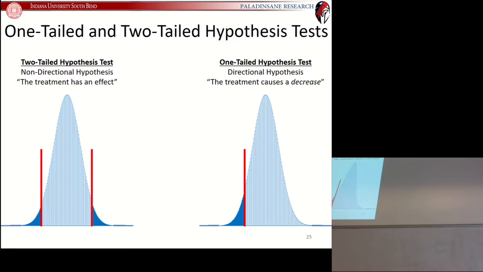So if we have an alpha of 0.05 and we're doing a one-tail test, we'll stay with the decreased one-tail, that means that we put all of that probability into one tail. So if our alpha equals 0.05, that means it's 5%. And if it's a one-tail test, all 5% are in that one tail.